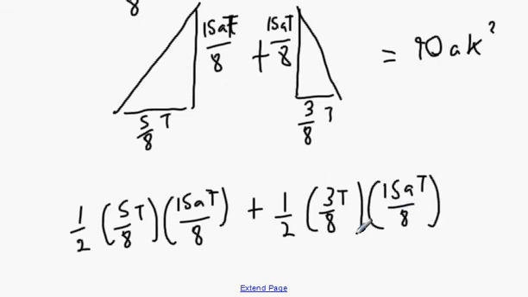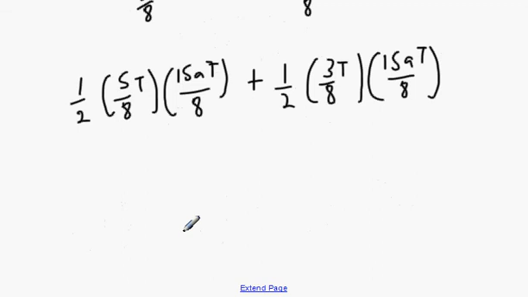Okay, so let's just multiply that out first. 5 multiplied by 15 divided by 128, because 8 by 8 is 64, 64 by 2 is 128. So the first one's going to be 15 over 64 at squared.